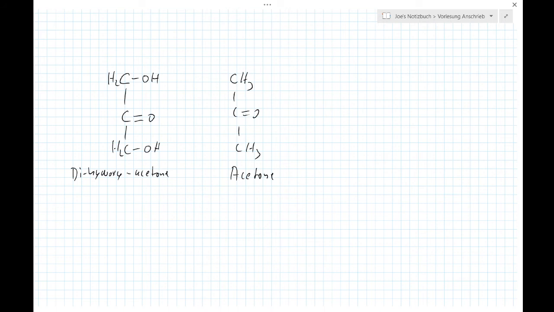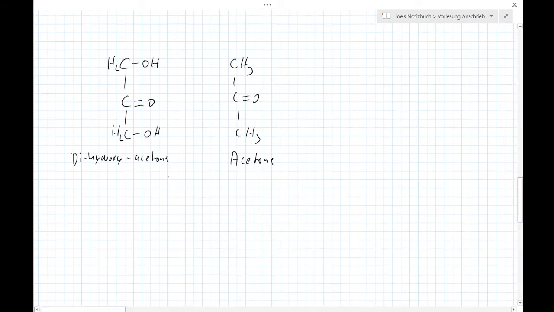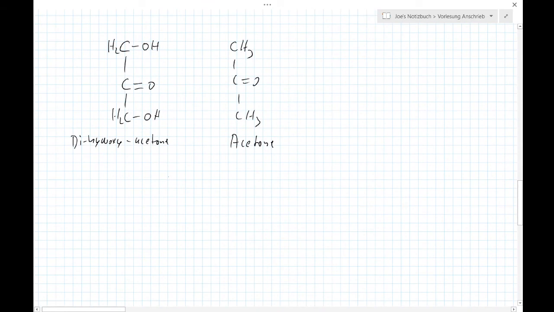Now there, the starting molecule is glycerol. Glycerol is of course something you were supposed to know from your biochemistry lecture, or from your organic chemistry lecture. Glycerol looks like this. It's also a C3, and it has a hydroxyl group at each of these carbons. So this is H2C, HC, H2C. So this is glycerol.